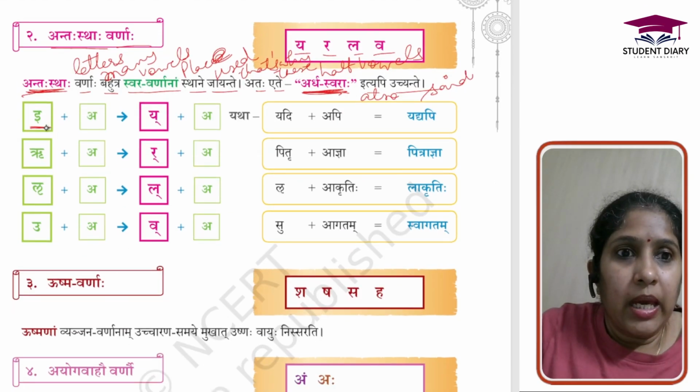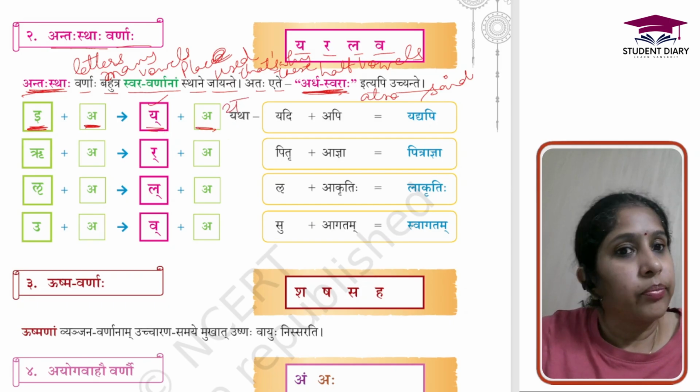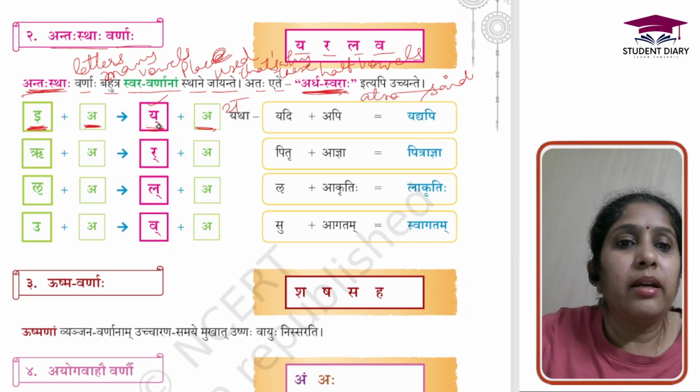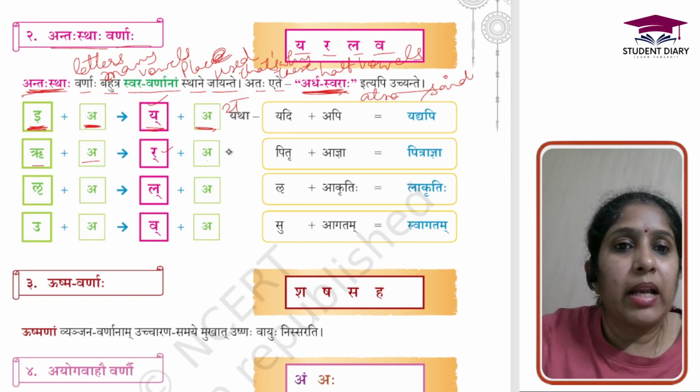So if in E you are adding the swar A you are going to get a ya. Okay, and then in ya, if you are going to add a, you will get a full ya. Understood? E and a will make ya. Now, Ru plus a will make a r, and in that, if you add a, it will become a full r.